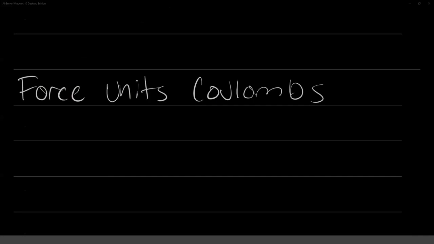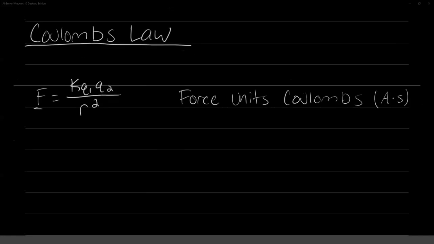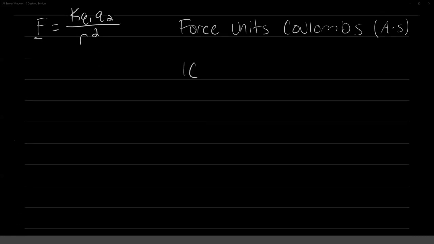I know Jeremiah was kind of asking about this. Coulombs are amperes times seconds, from what I understood. I kind of did some research on that. What is a coulomb? A coulomb is literally 6.24 times 10 to the 18th electrons.